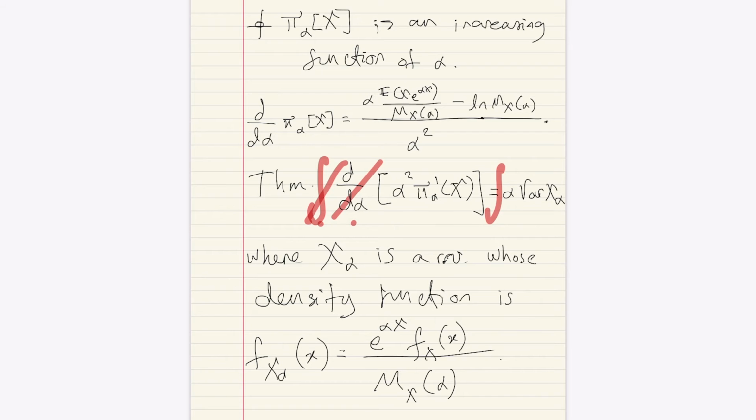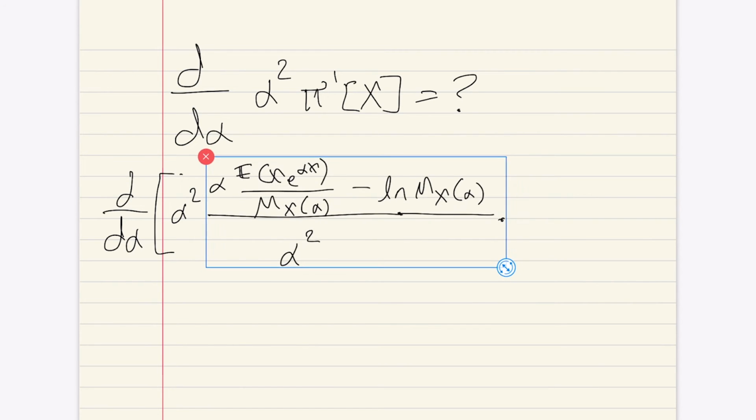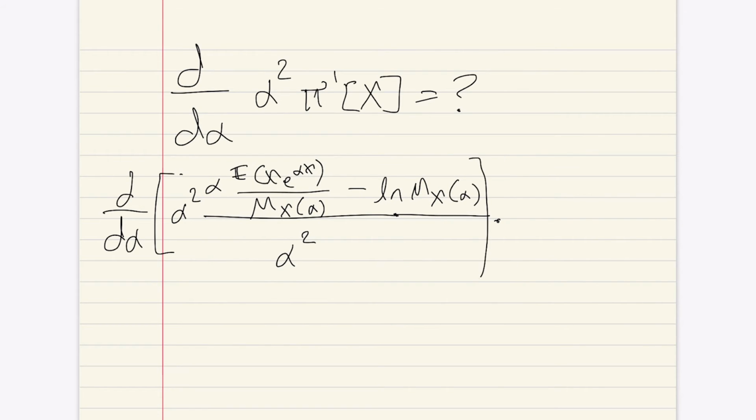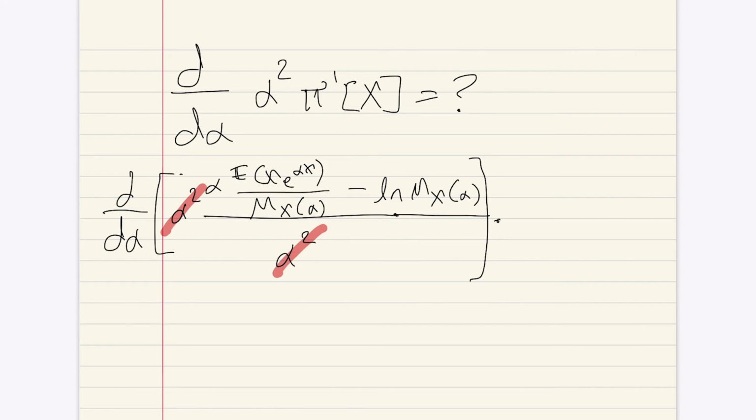Now, what is the derivative with respect to alpha of alpha squared times the derivative of the exponential premium? Well, this derivative is just something like this. And then we can just cancel these two factors here so that we just end up needing to calculate the derivative of this expression here.